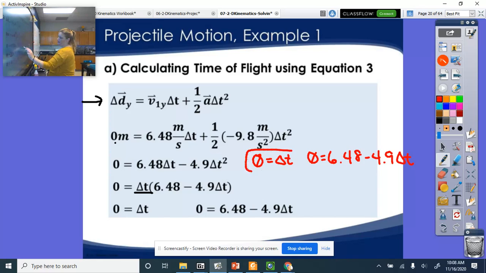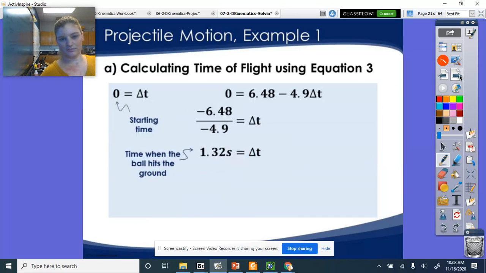So I already had one here, and I know that that's going to be true because I'm at ground level when we start. And then I can set it up equal over here as well and solve for my final time, which is the next time that I hit the ground, which is going to be 1.32 seconds later.